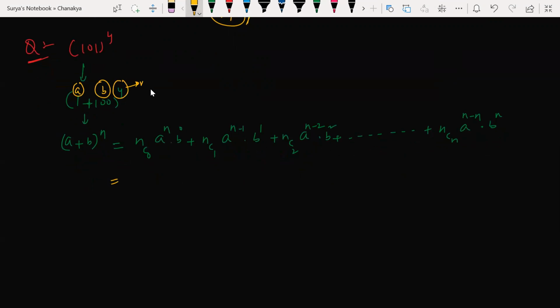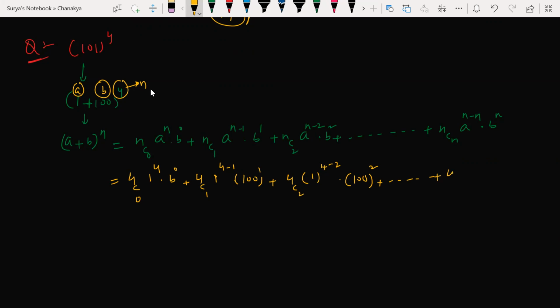N is this one. So substitute now: 4c0 a to the power of 1 to the power of 4, b to the power of 0, plus 4c1, a is 1 to the power of 4 minus 1, b is 100 to the power of 1, plus 4c2 into 1 to the power of 4 minus 2 into 100 square, into ncn.